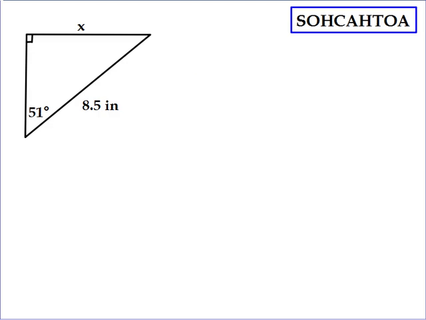So, for my next one, again, start with your angle, label your sides. So, this is my hypotenuse, opposite, adjacent. So, this time, I don't have A. So, O and H is going to be sine.